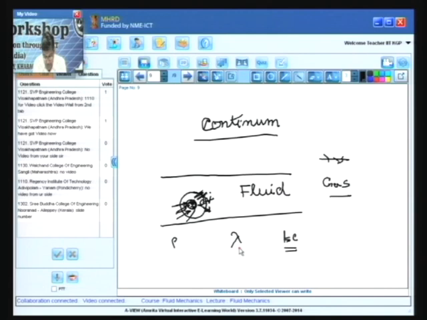Now, if lambda is very small, then what happens? Accuracy will be very high even if the volume is small. At the same time, if LC is very large, we can have a relatively bigger volume, so that the uncertainty is reduced. More molecules are there to show the accurate behavior through their gross average behavior.